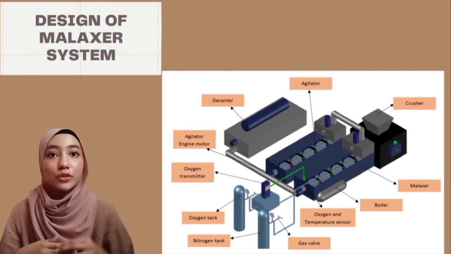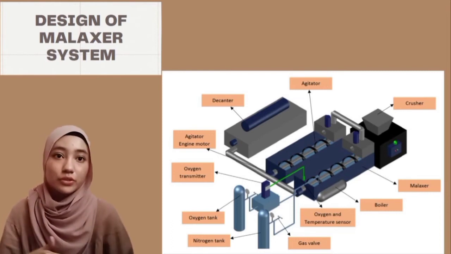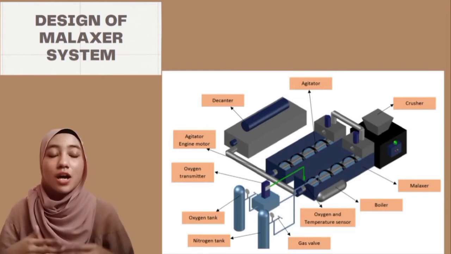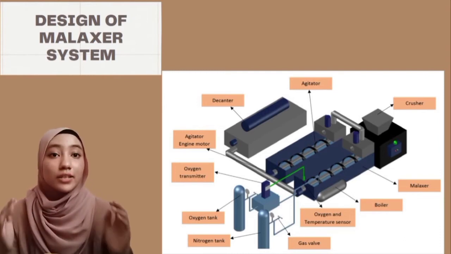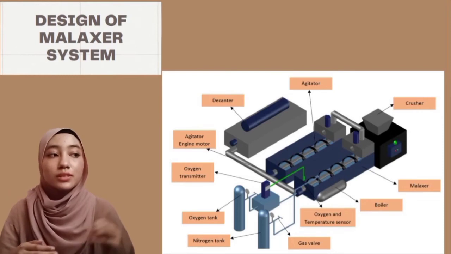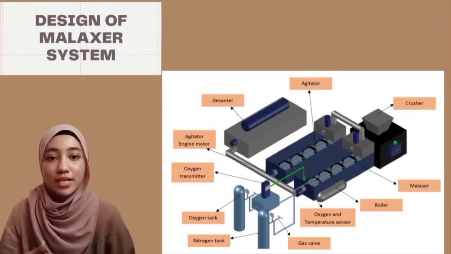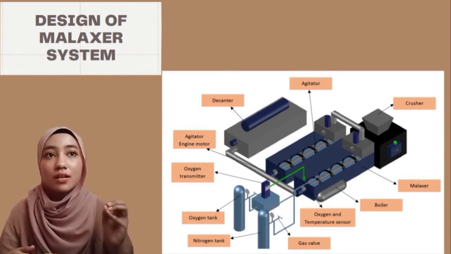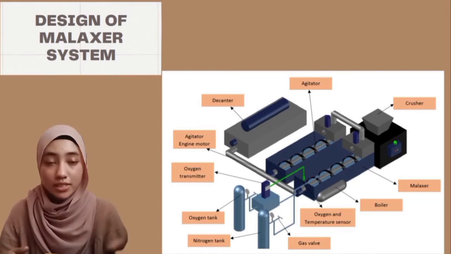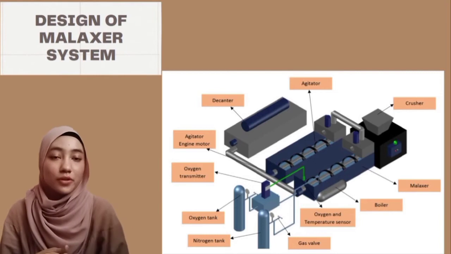Other than that, the concentration of oxygen level in olive paste is also important to ensure the quality of the olive oil that we produce is good. During the process, the oxygen and nitrogen gas will be injected into the olive paste, and at the end of the process, the oxygen sensor will detect the oxygen level in our product before the product undergoes another process.